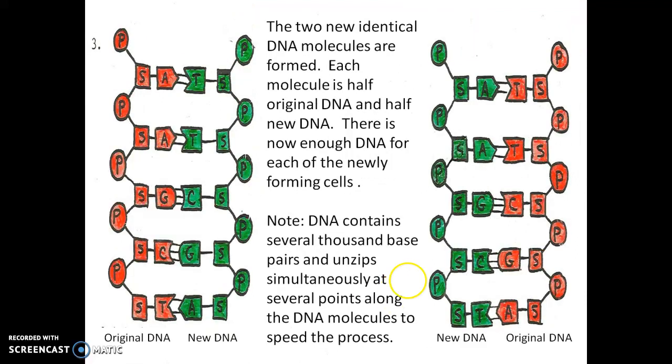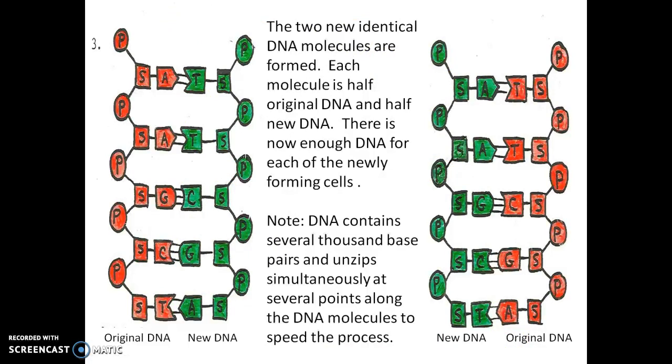So this is our end result. You'll see here that the molecule to the left is 100% identical to the molecule on the right. Obviously, yes, we have red-green, and this one is green-red, but that doesn't matter. I have the colors here to show you that this red is an original strand, and this red over here to the right is original, and the green sections here are the new nucleotides that came in.